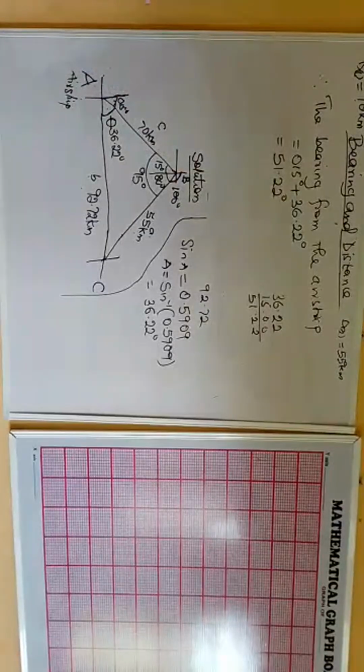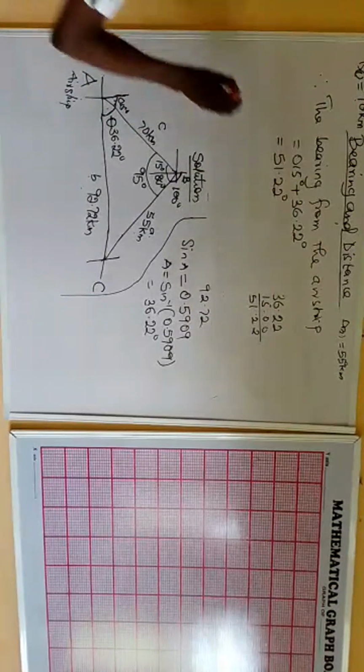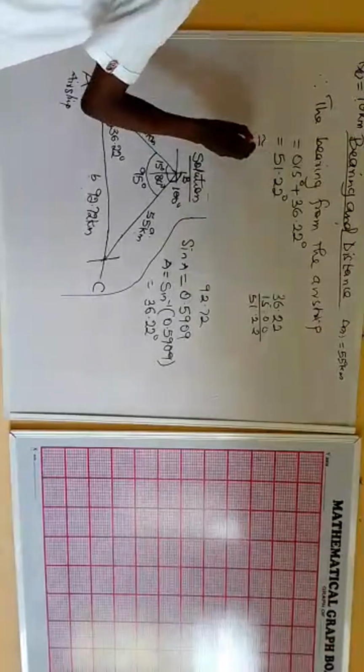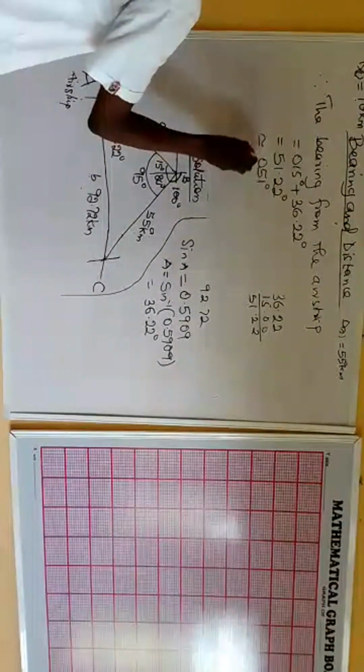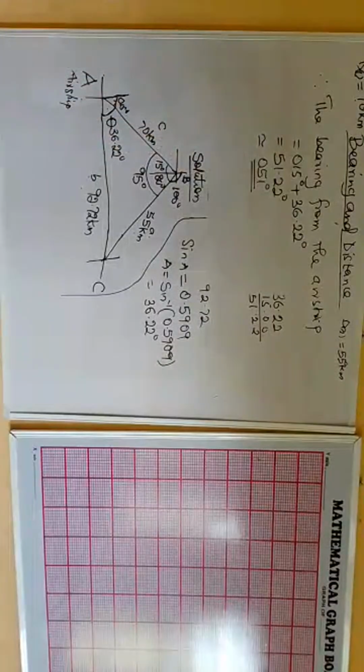Now we are asked to approximate to the nearest degree. So the nearest degree is 51 degrees.